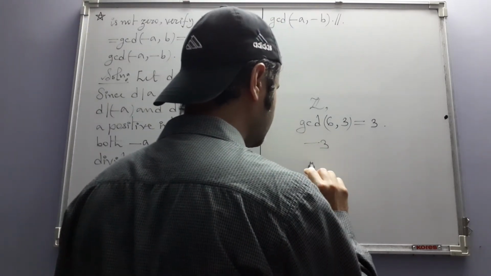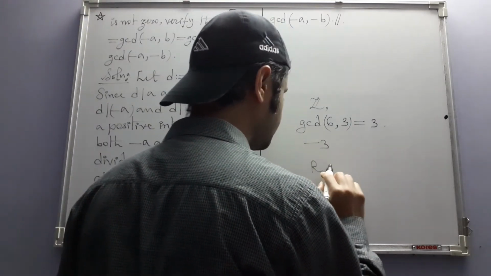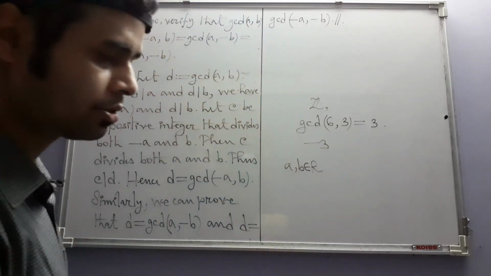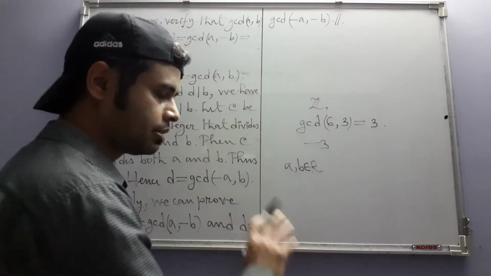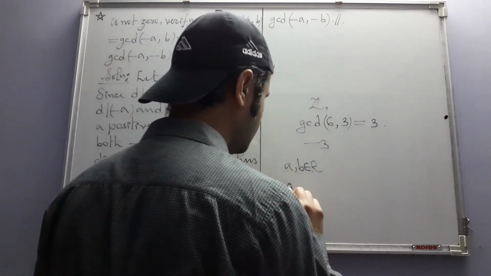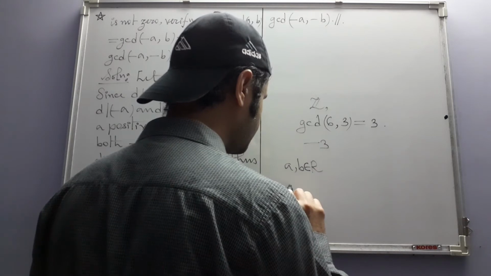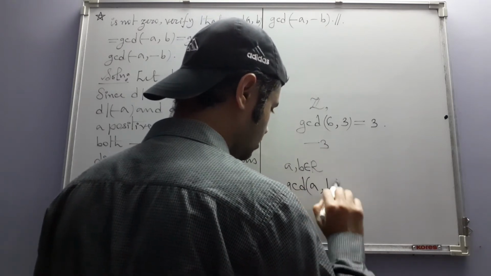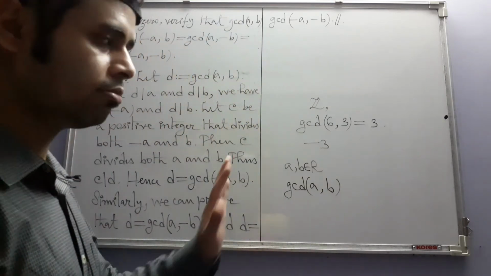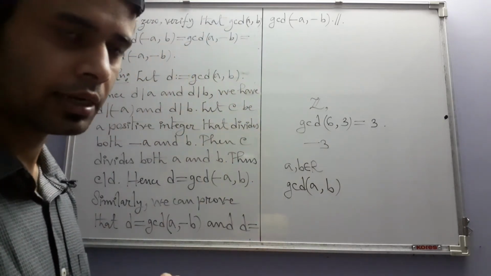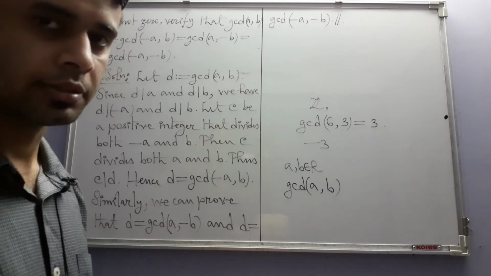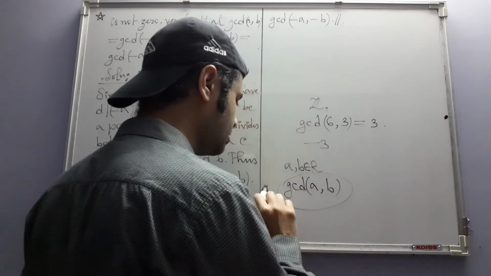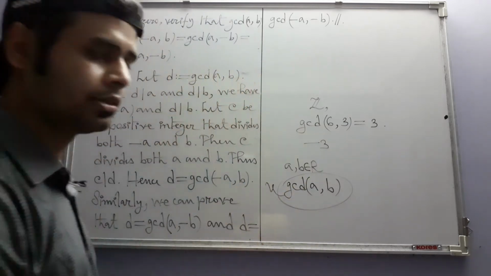In any ring, I should not say any ring but a special type of ring where GCD can be defined and exists, if you have found one greatest common divisor of A and B, then others also exist, and the others can be obtained by multiplying this GCD by the units in the ring.